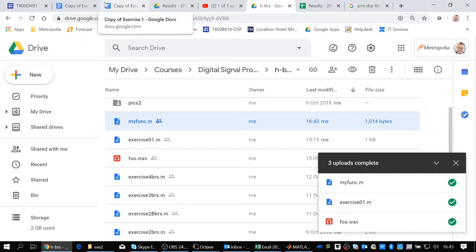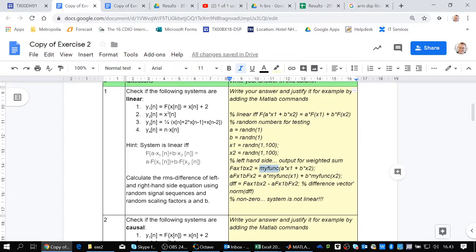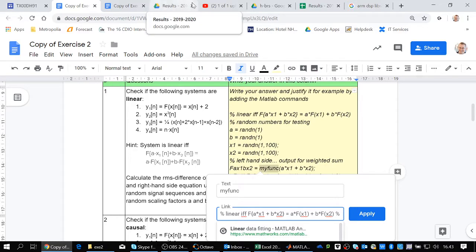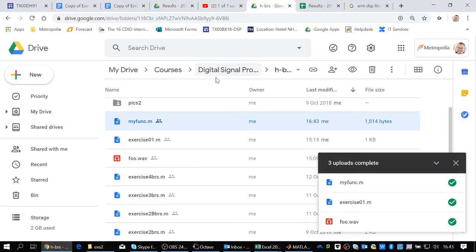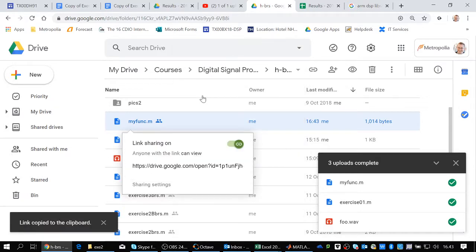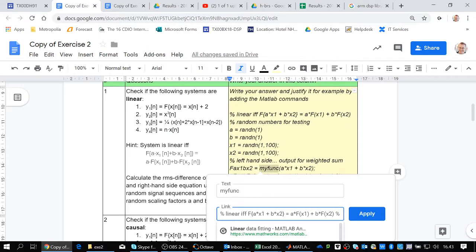And then on that copy, you basically can add the link. Why I didn't? Of course, I didn't get the link. Get shareable link. All right. There we go.